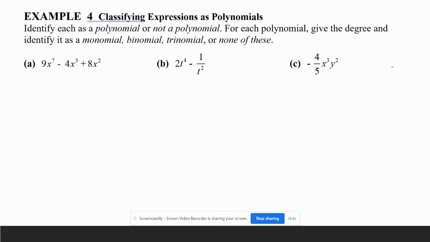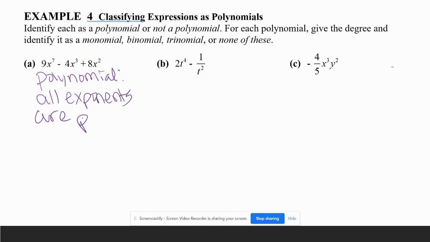So let's talk about polynomials. Letter A, 7, 3, and 2 are all positive. So this is a polynomial. The degree is the largest exponent.